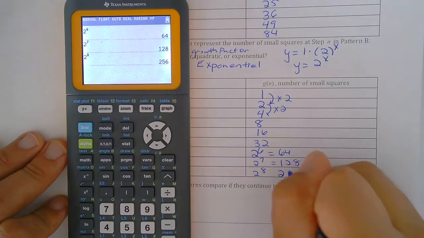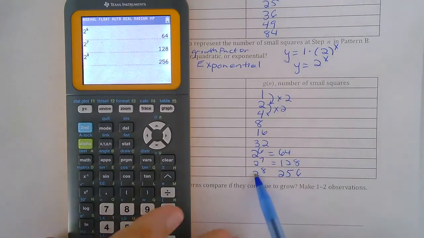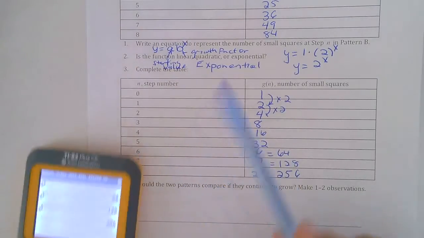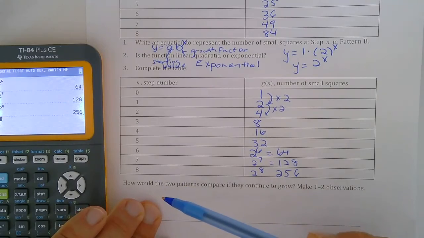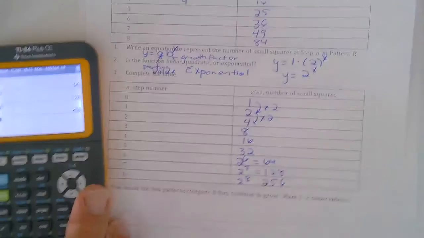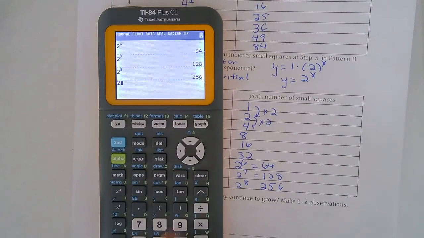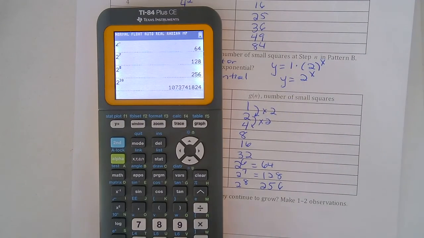which is 256. Now, the reason the equation is very helpful is if I ask you now to all of a sudden figure out how many are in step number 30, you could say, well, that means 2 to the 30th power. Whereas if you just knew multiplying by 2, you'd have to fill out the whole table.